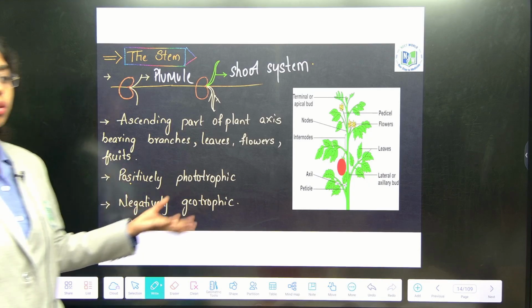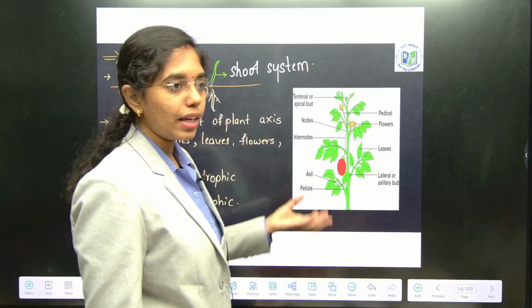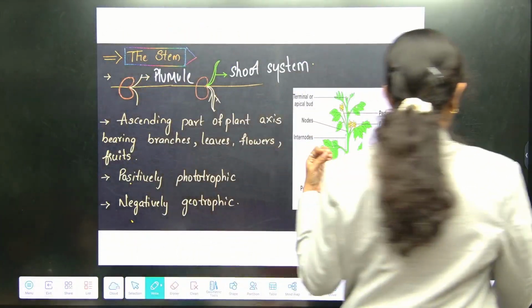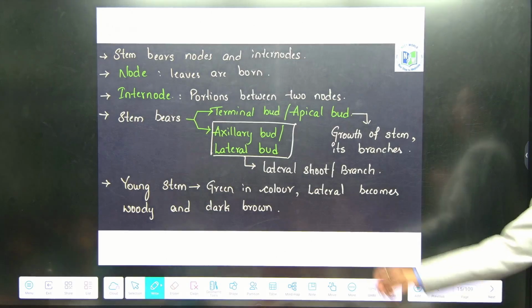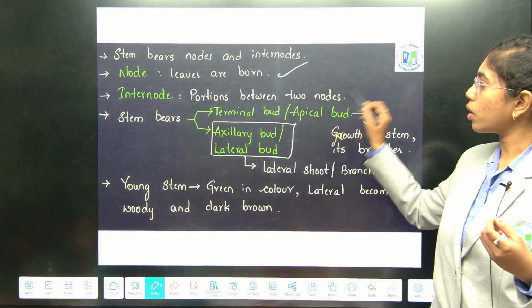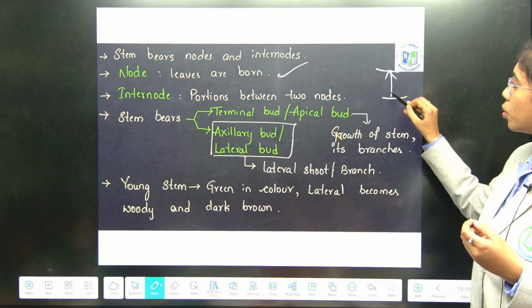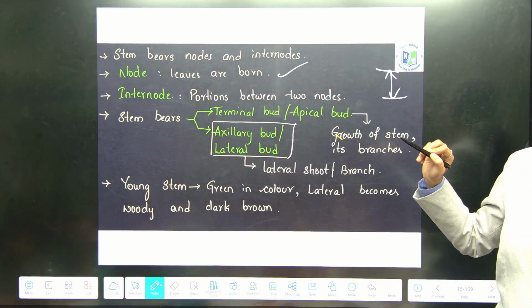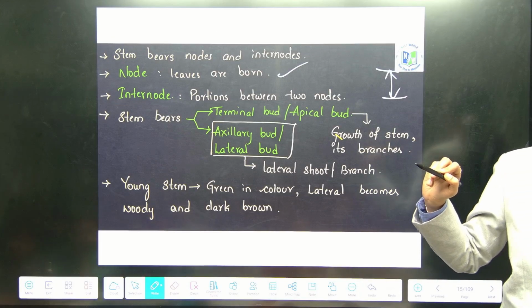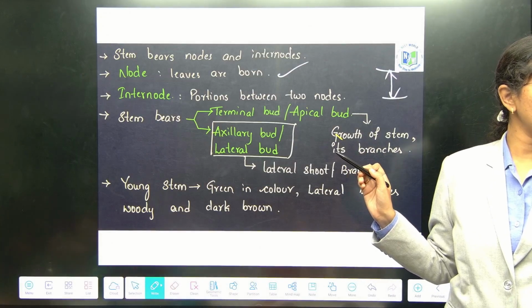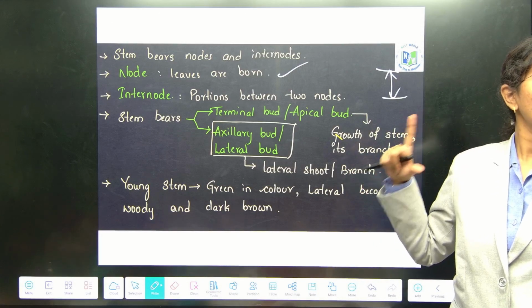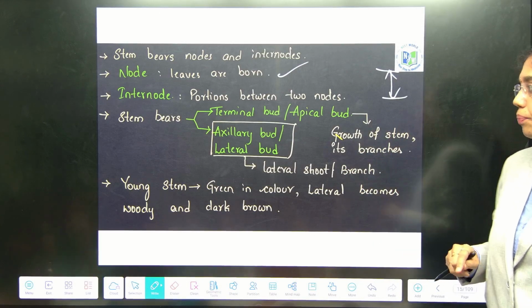It has nodes and internodes, and it bears leaves, flowers and fruits. The nodal region is where leaves are borne. Internodes are the portions between two nodes. The more the internodal length, the more will be the length of the stem. That is the action of gibberellins, right? Gibberellins will increase the internodal length of the stem.